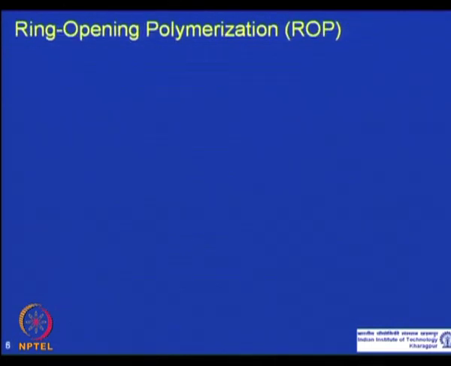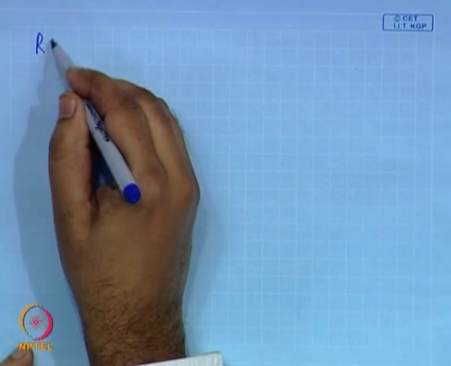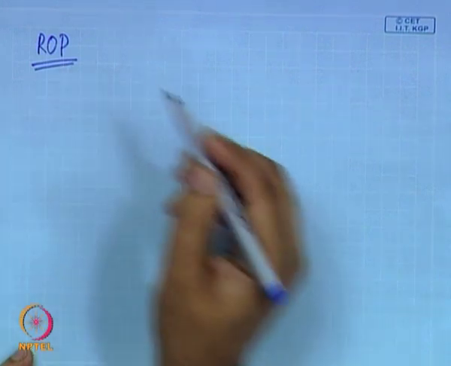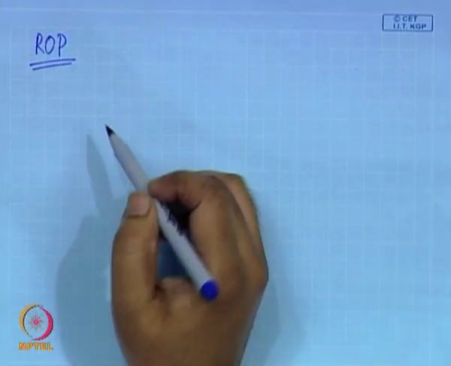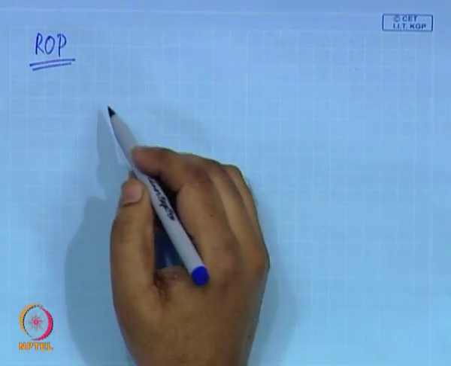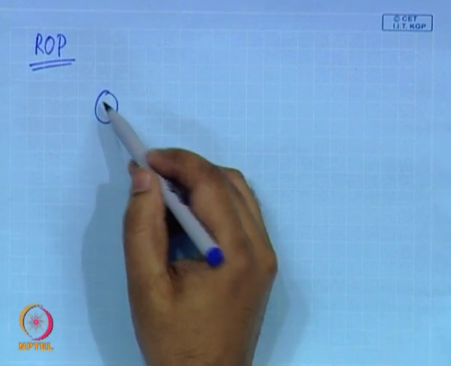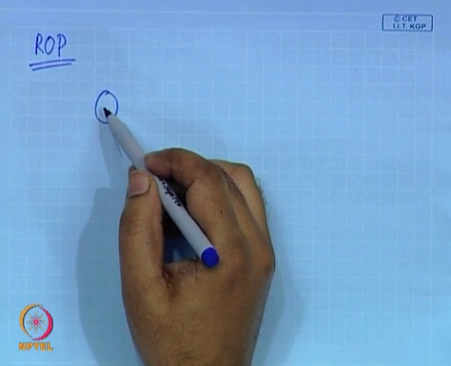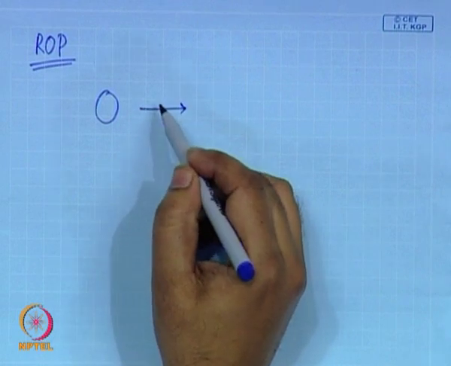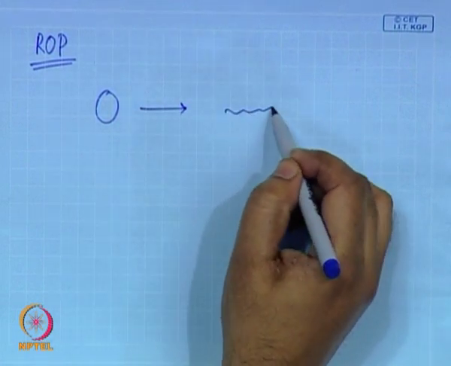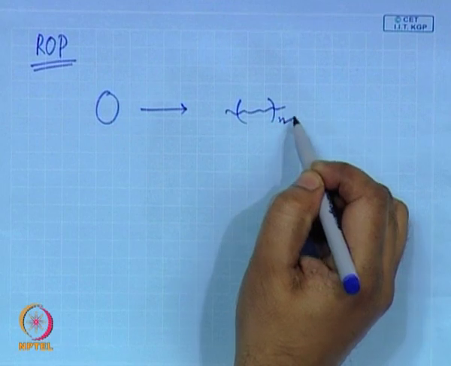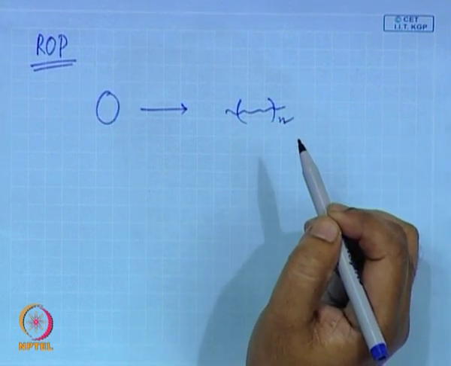What we will do now, we will move to the next polymerization method, which is ring opening polymerization, or in short ROP. ROP, as the name suggests, is a ring opening polymerization. So, you have a monomer having a ring structure, and you polymerize it and make a linear polymer.